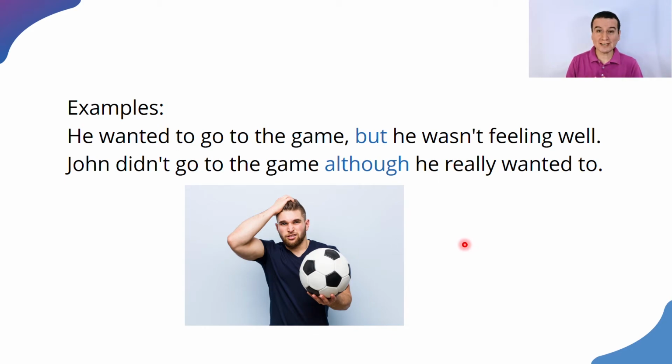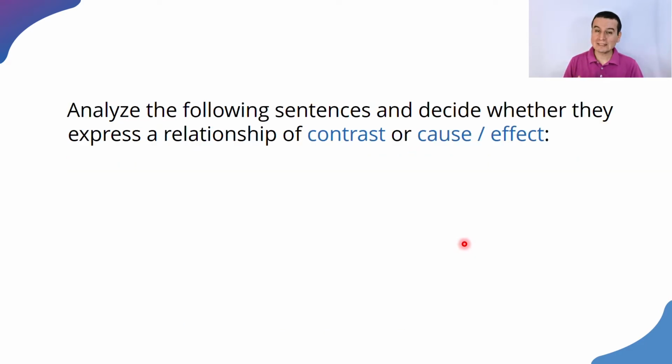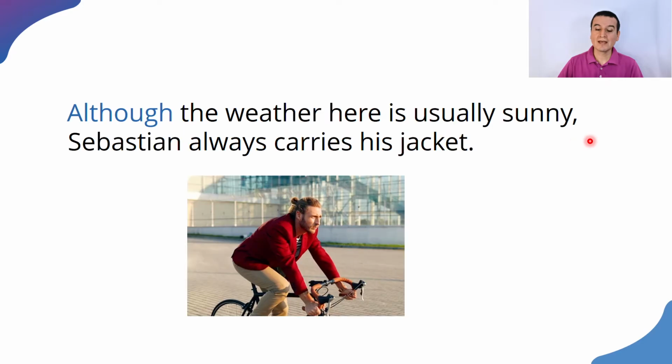So with that understanding, I want you to do the following activity. Analyze the following sentences and decide whether they express a relationship of contrast or a relationship of cause and effect. All right? Let's see the first one. It says, although the weather here is usually sunny, Sebastian always carries a jacket.